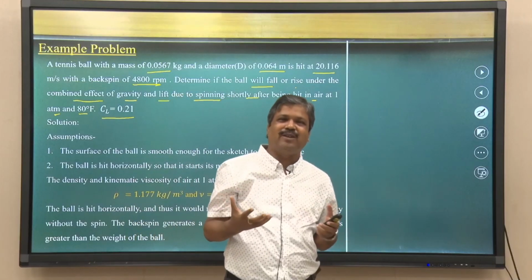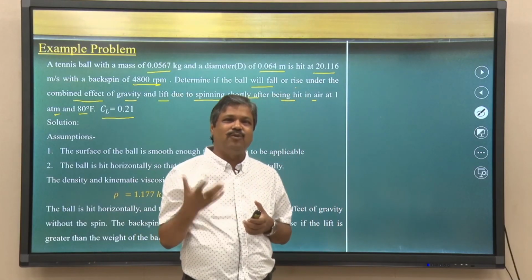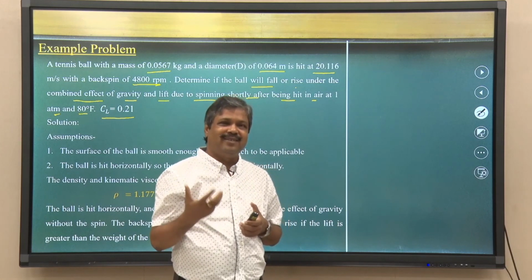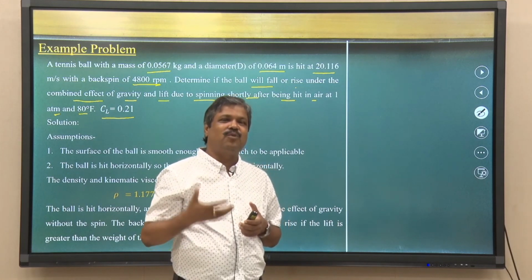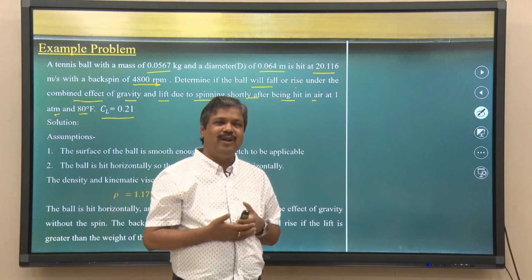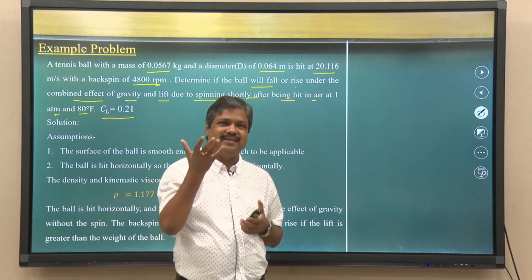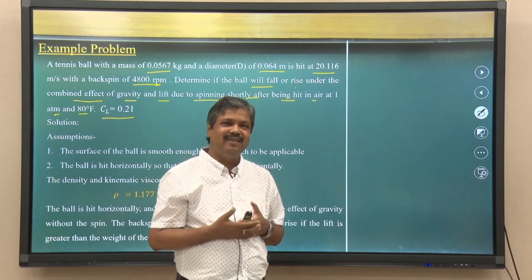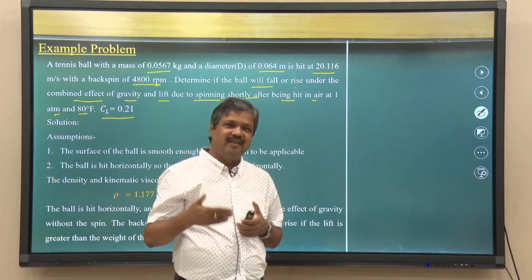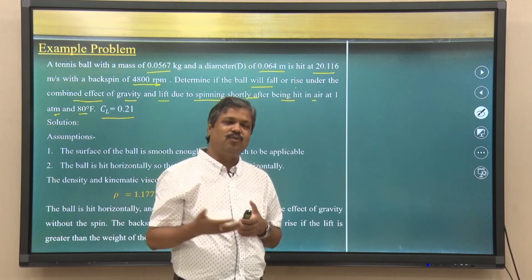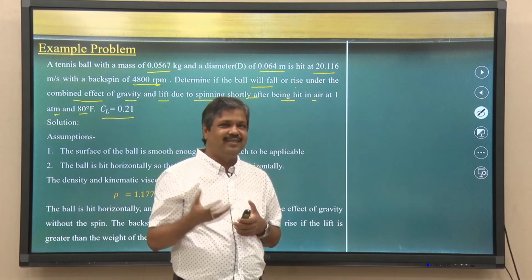That means we can find out the lift force. We also know the weight. If the lift force is more than the weight, then the ball will rise. Conversely, if the lift force is less than the weight, the ball will fall.